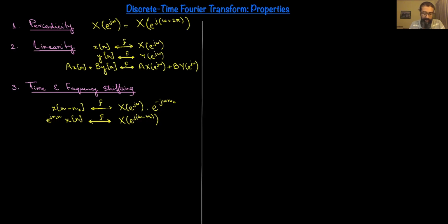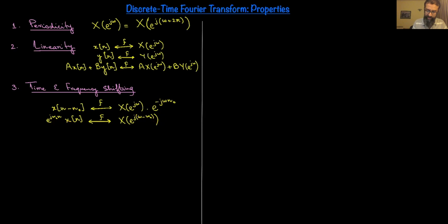On the other hand, multiplication with an exponential in the time domain is equivalent to shifting in the frequency. And of course, you once again see that there's a duality here. Shifting in the time domain is equal to multiplication with an exponential. On the other hand, shifting in the frequency domain is equivalent to multiplication with an exponential in the time domain. So there's duality here.